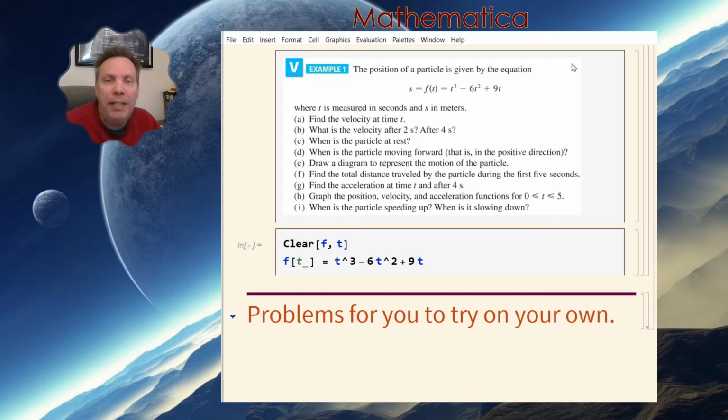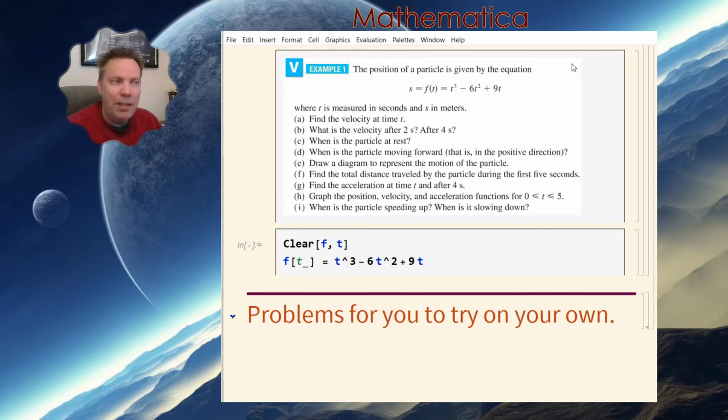I'm going to draw some pictures of what these mean. We need to figure out the velocity after 2 seconds, after 4 seconds. When is the particle at rest? Well, that's when the velocity is 0, and that's where the solve command is going to become very useful. Moving forwards and moving backwards, that's where the velocity is positive or the velocity is negative.